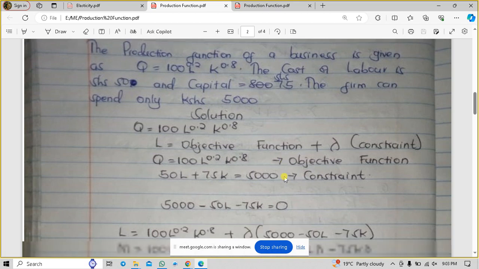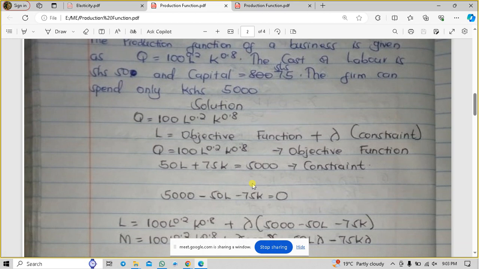Okay, let's go to the next part. Who can tell us what we are going to write?